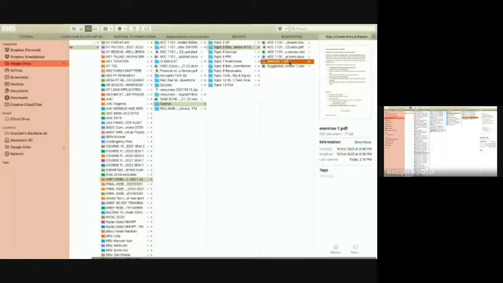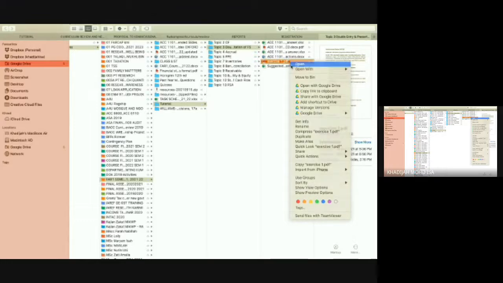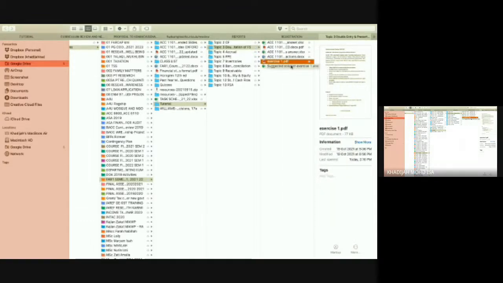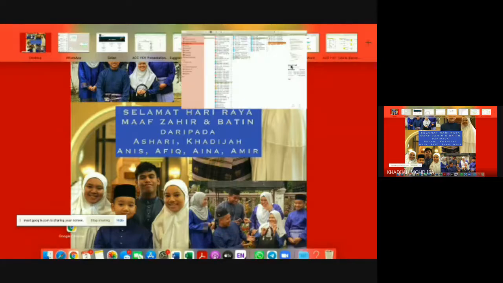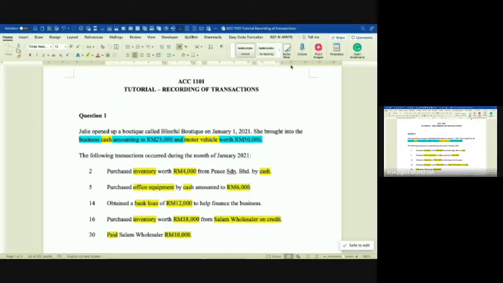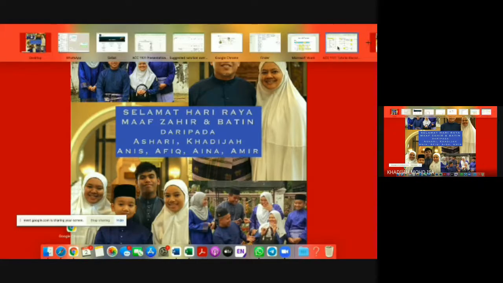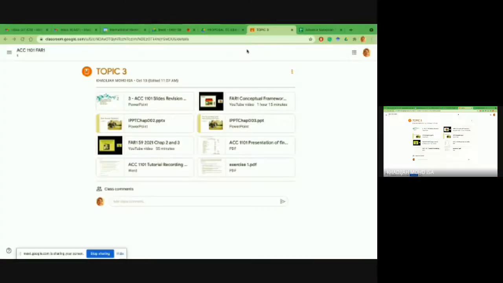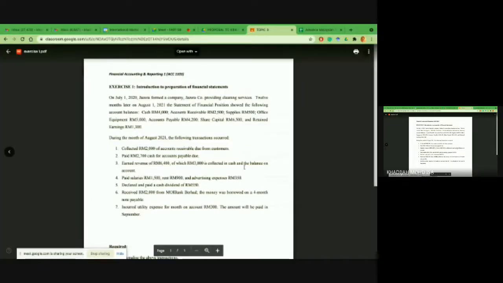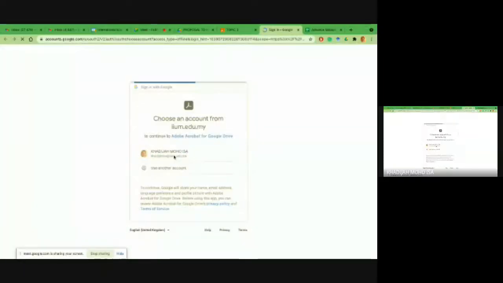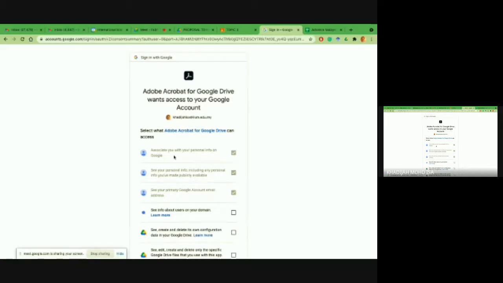How to open that? Let's see, Google Chrome. Exercise 1. Can I open it from there? Oh, here I can. Open with Acrobat. It needs me to sign in now. What is this?